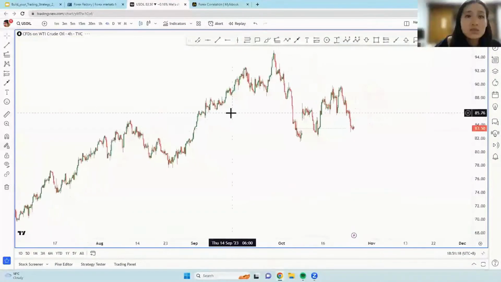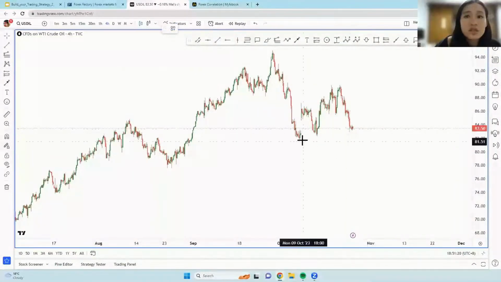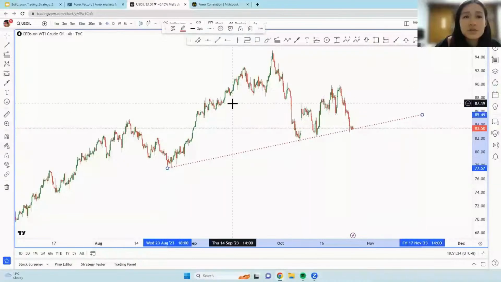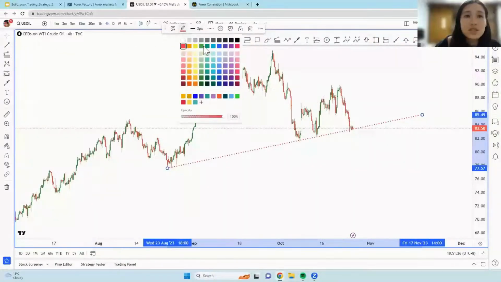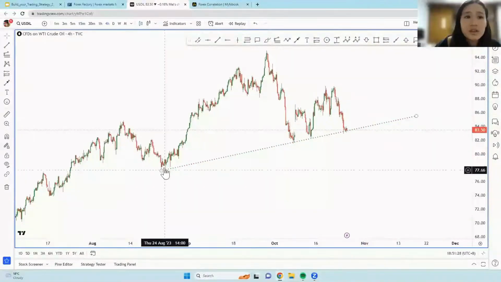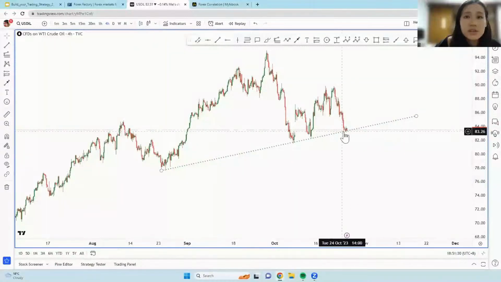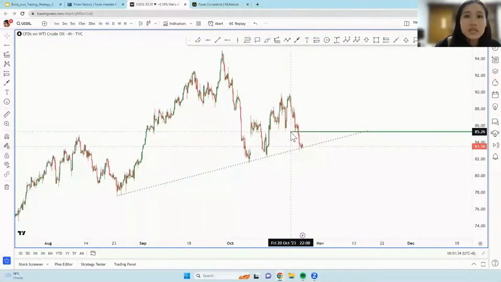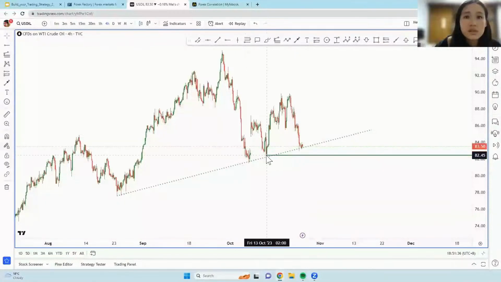Let's see if we have any trend lines. We do, we have this ascending trend line, but it's currently testing this trend line, so we'll take a look at that in a bit.